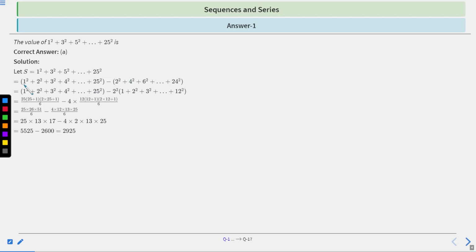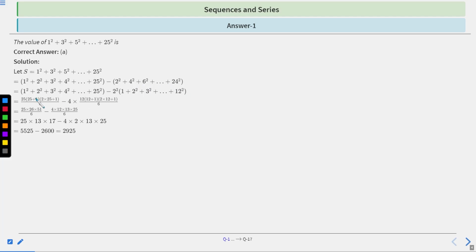So, now the summation becomes 1 square plus 2 square plus 3 square plus 4 square till 25 square, minus 2 square plus 4 square plus 6 square till 24 square.